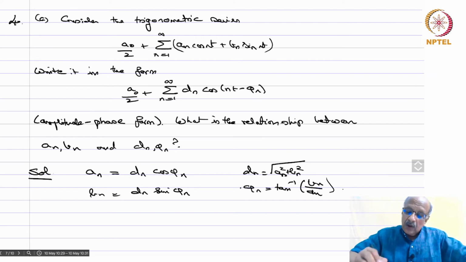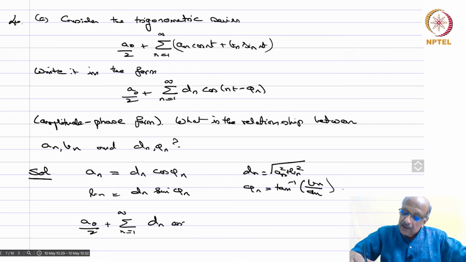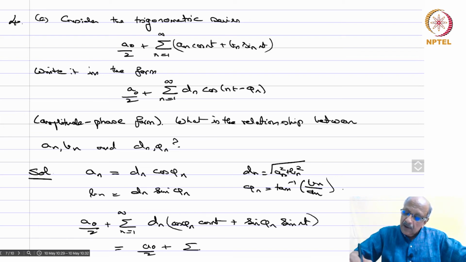So this gives you the thing, and then if you substitute, then you get a0/2 plus sigma n equals 1 to infinity of dn times (cos phi n cos nt plus sin phi n sin nt), which is nothing but a0/2 plus sigma dn cos(nt minus phi n).